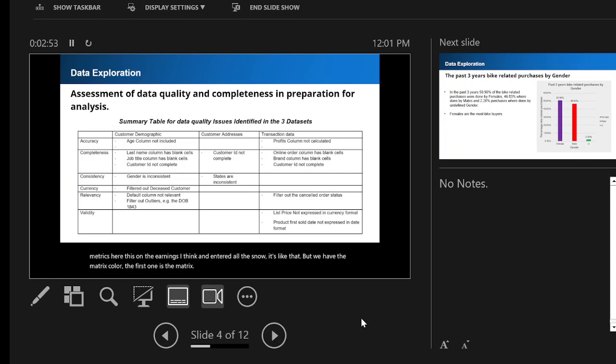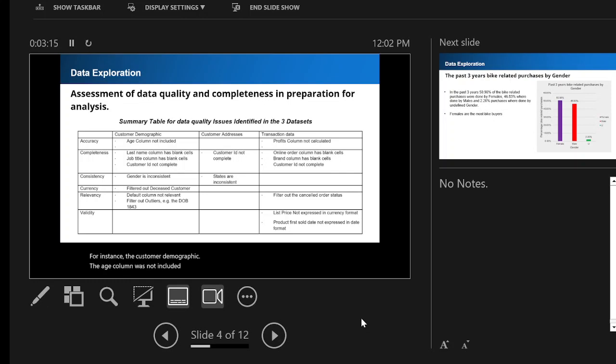Then, remember you are given how many data sets? Three. So, in each data set, first of all, we start with accuracy. In the customer demographic data set, for instance, the age column was not included.